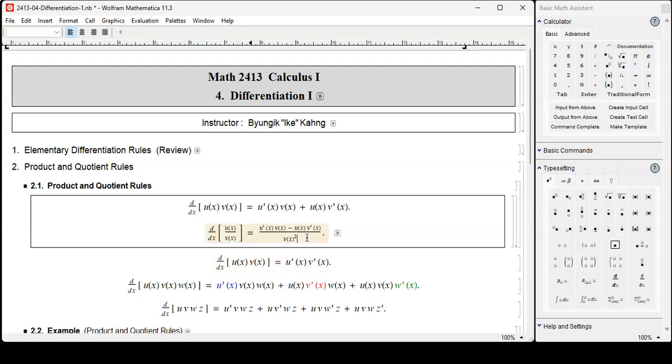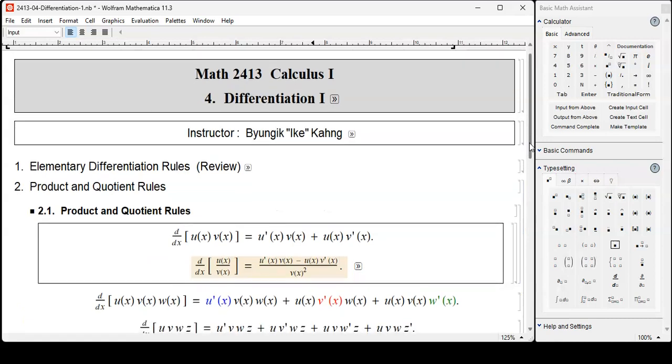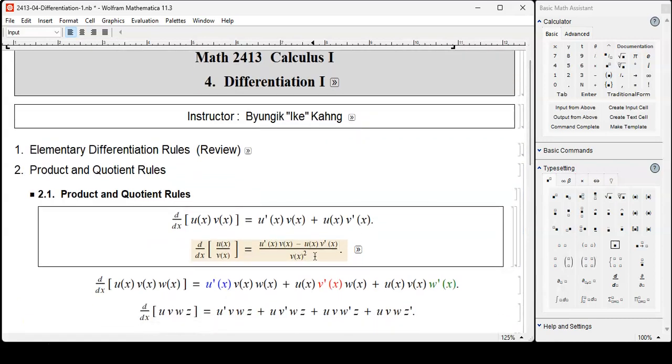And the same goes for the quotient. The derivative of a quotient is not the quotient of the derivatives. It doesn't work this way either. That's wrong. Instead, we have something a heck of a lot more complicated. What do you have here? Let's expand the font so that you can read better. The denominator is squared, v squared.